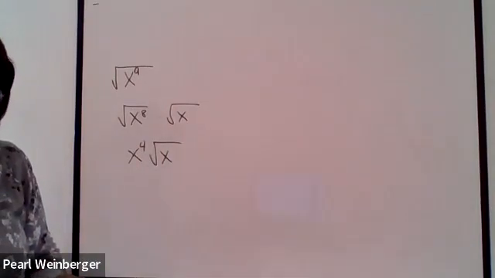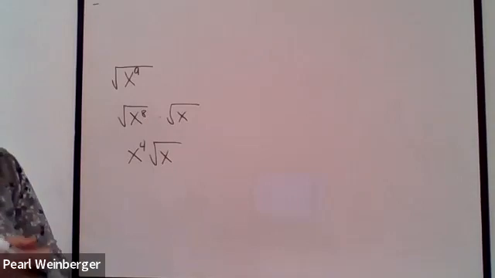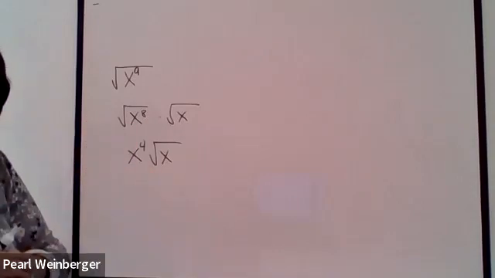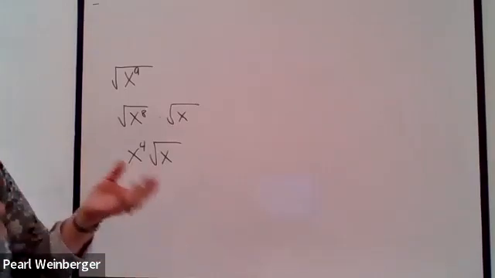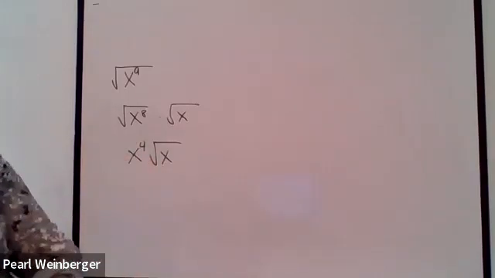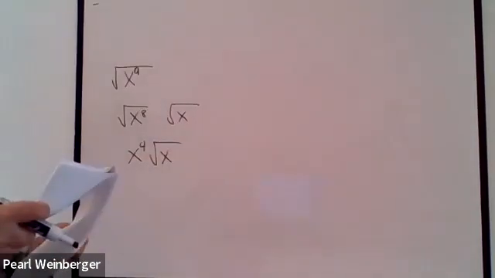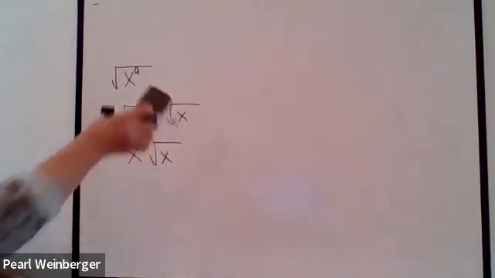So really, we're now in the position to simplify our radicals as much as possible, because if we have numbers, we can break up the numbers. If we have letters, if we have variables, we know how to do that as well. So let's see if we can try something like this.